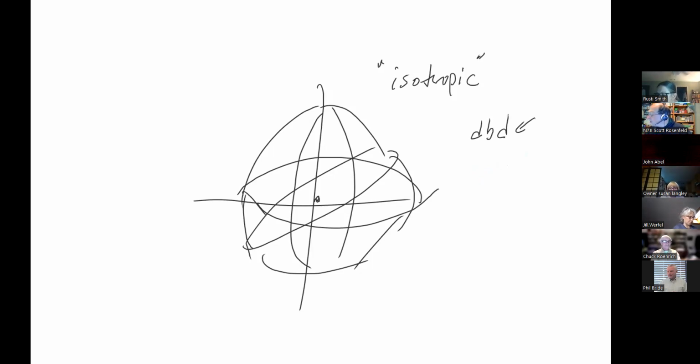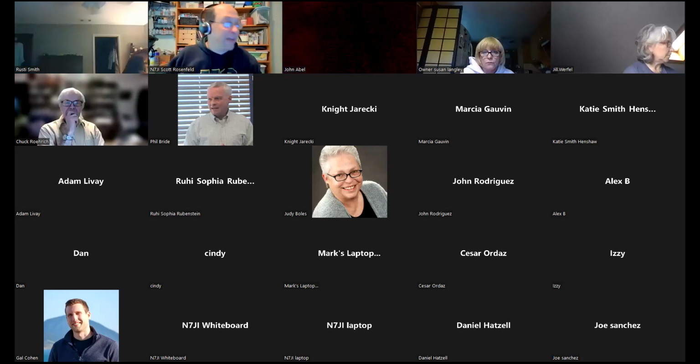Mathematically, 0 dBd is equal to 2.05 dBi. But you don't have to remember that, but that may come in handy someday. Okay, what's the disadvantage of a rubber duck antenna?